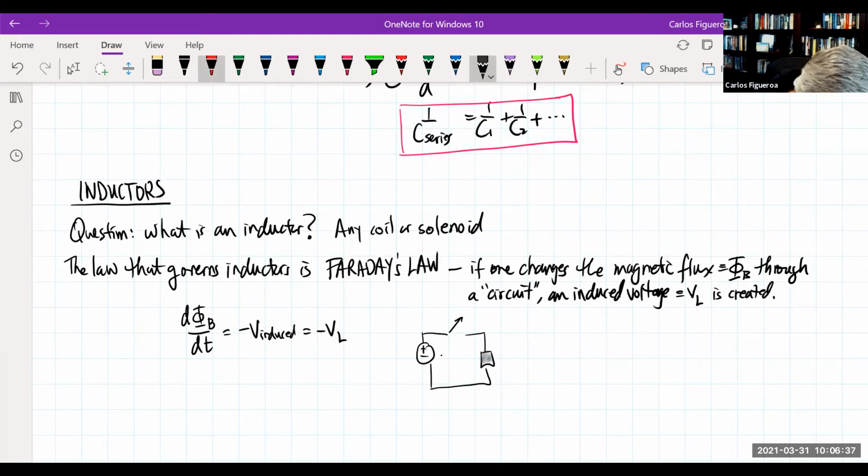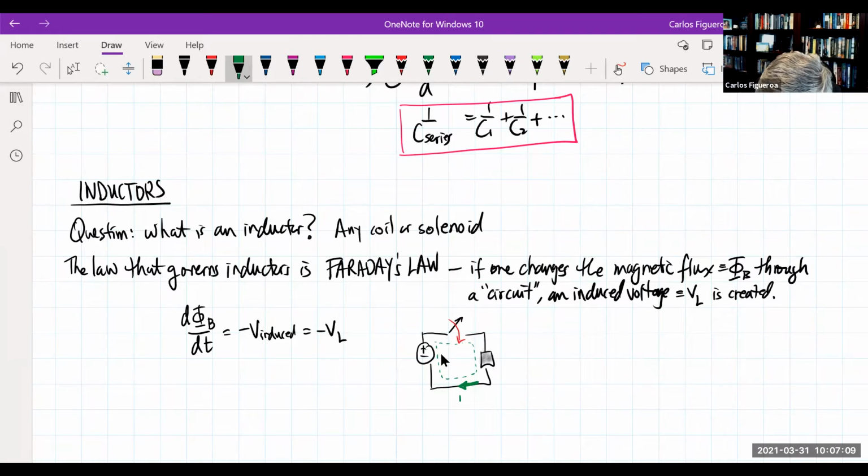But check this out. As soon as I close this switch, I have an enclosed loop, and so there is current flow in the circuit. Because there's current flow, there's now a magnetic field being produced.